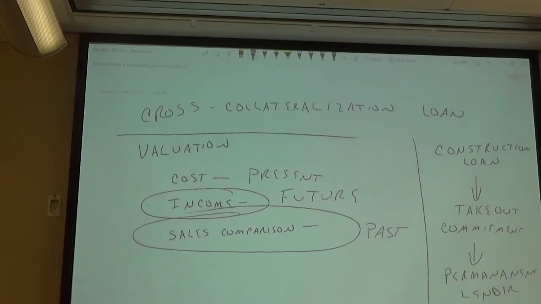You come to me as a developer and say, okay, I want to partner with you, you own the land free and clear, we're going to get this construction loan, we're going to use your land as collateral, and in return, any and all income associated with the property once it's complete is going to flow back to me first, and then once I'm fully paid and satisfied, then you potentially would be able to capture whatever return.